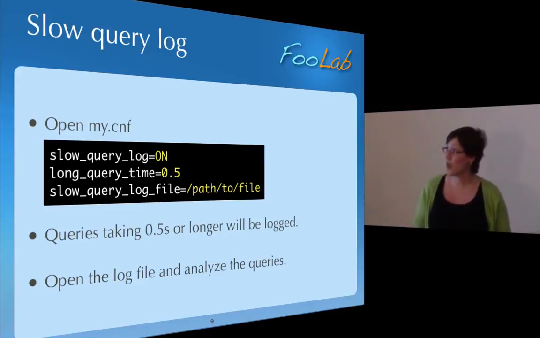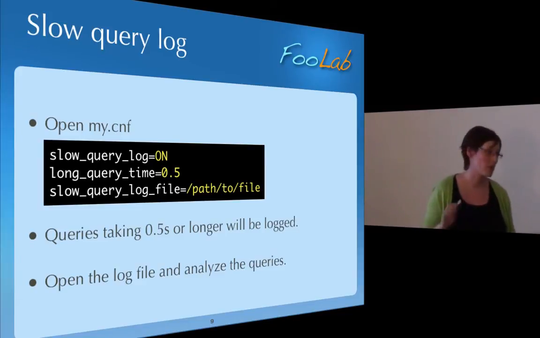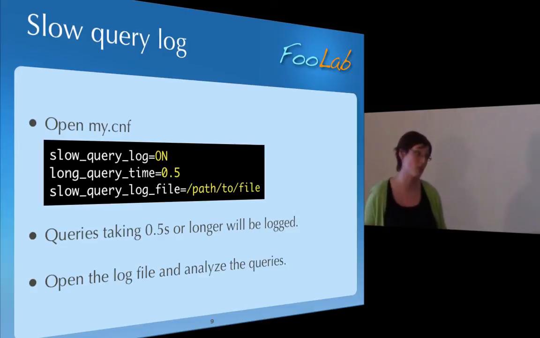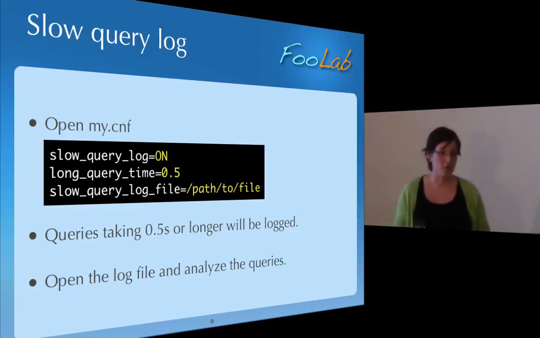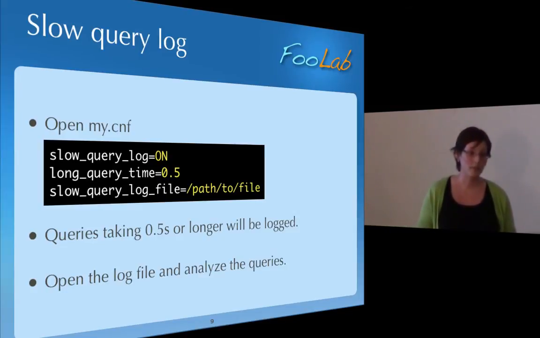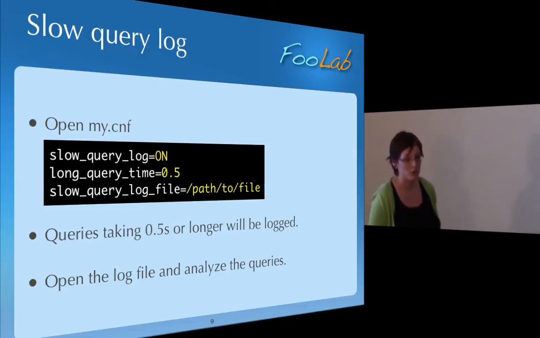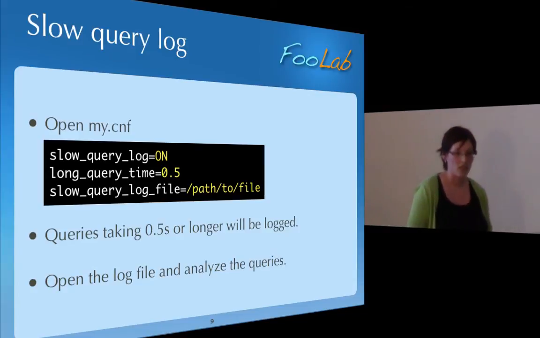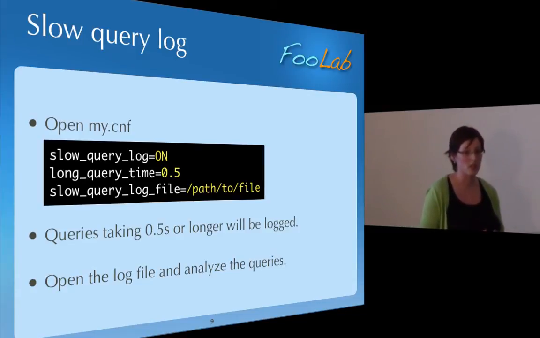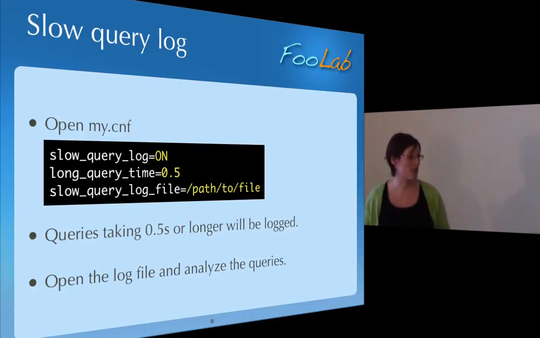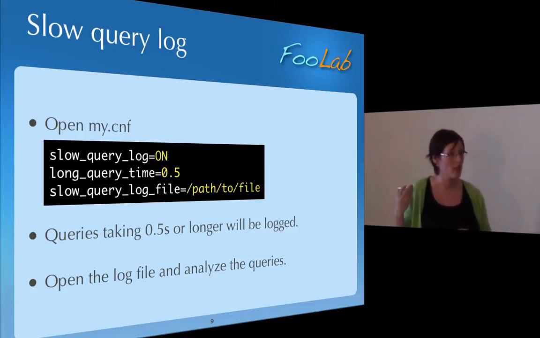We'll show examples with MySQL, but most of this advice also applies to Postgres and Oracle. In MySQL you have the slow query log, and the way to activate it is to go to my.cnf, and then you just change a few configs. You turn on the slow query log, you set the threshold, which is in seconds, for example 0.5, which is pretty high.